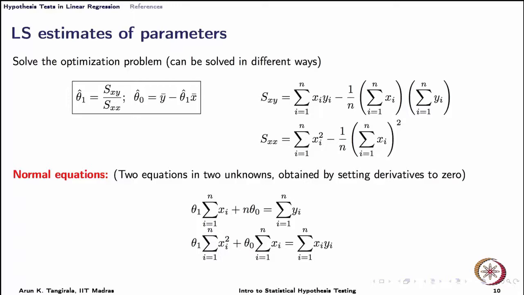So, if I want low variability in theta 1 hat, I want high values of Sxx. All that I have to do is therefore choose high values of xi or choose high values of n, because the more terms I have, the more would be the value of Sxx. That is another way of looking at it.